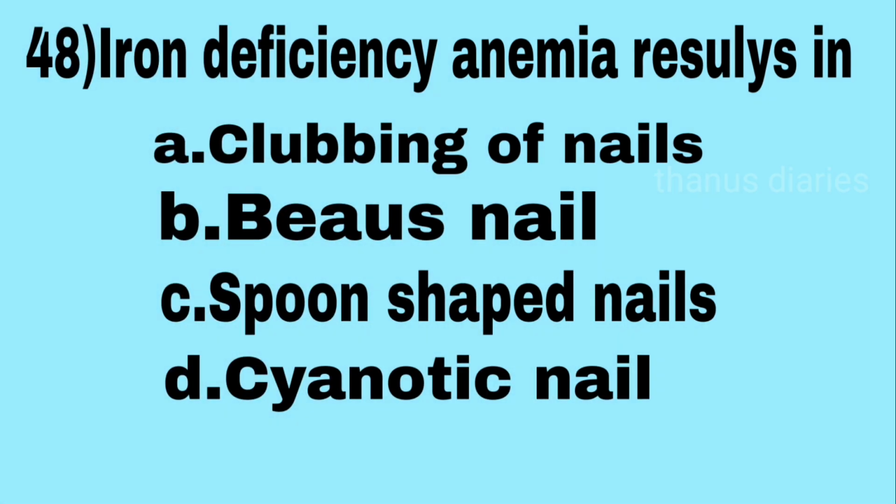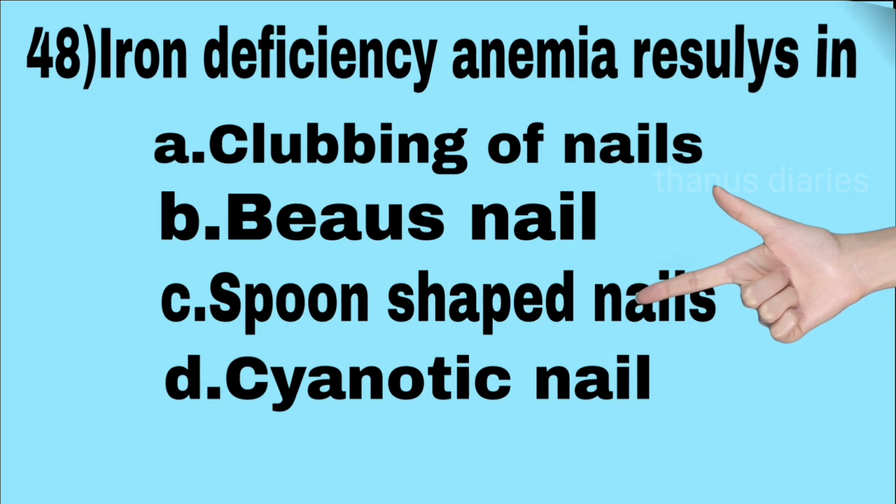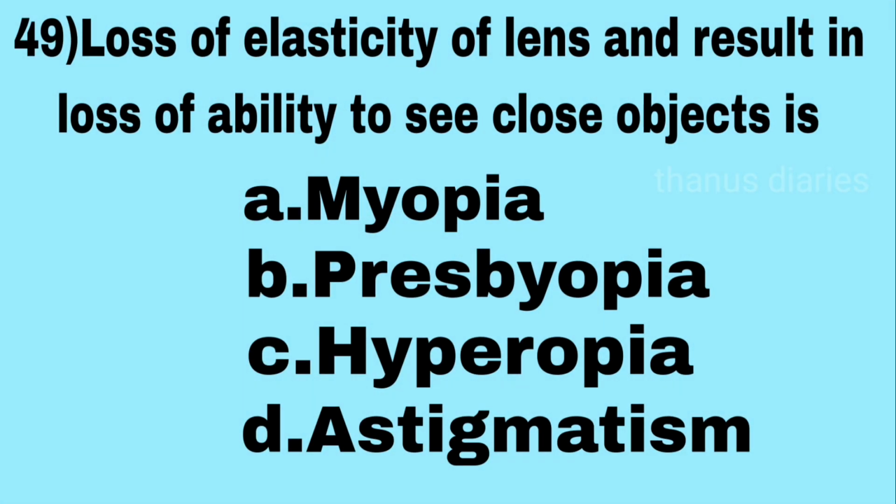Iron deficiency anemia results in: clubbing of nails, Beau's lines, spoon-shaped nails, cyanotic nails. The answer is spoon-shaped nails. Loss of elasticity of the lens resulting in loss of ability to see close objects is: myopia, presbyopia, hyperopia, astigmatism.